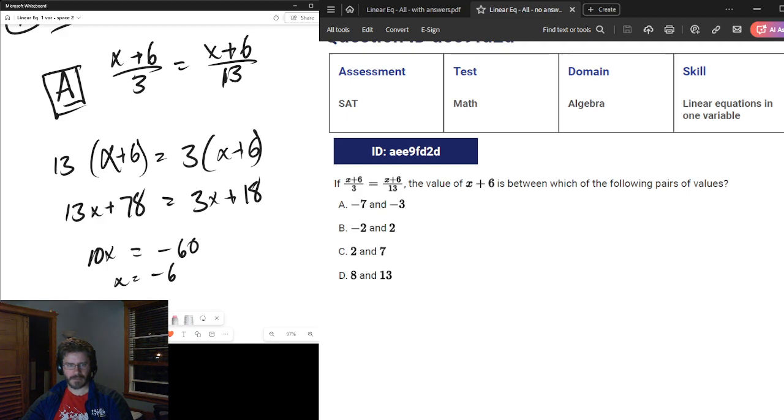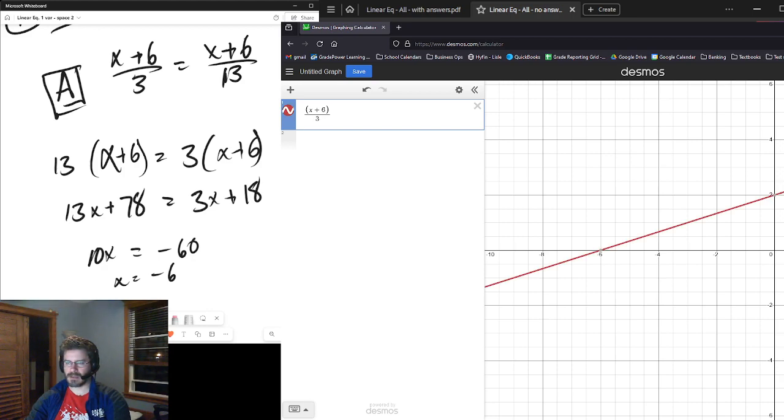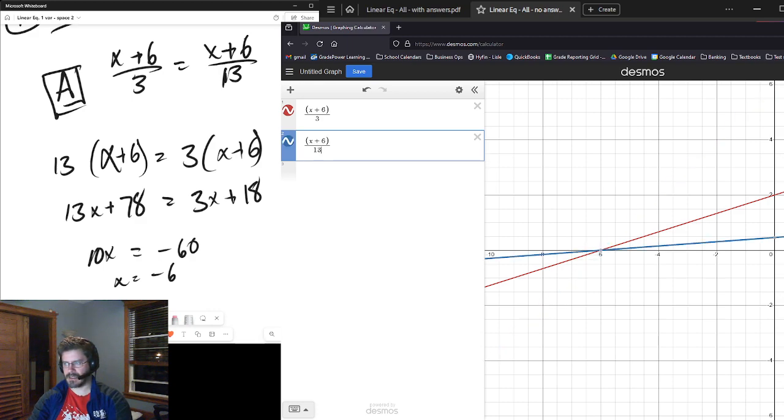We got x plus 6, I've got to open a parenthesis here, x plus 6 divided by 3. And on a new line, I'm going to do x plus 6 divided by 13.